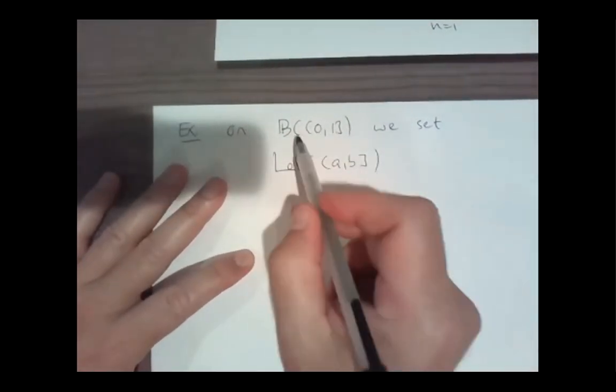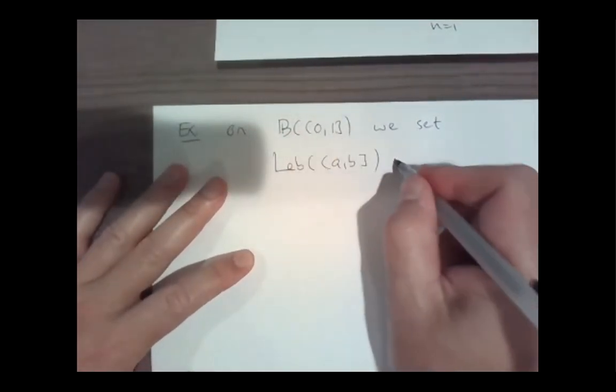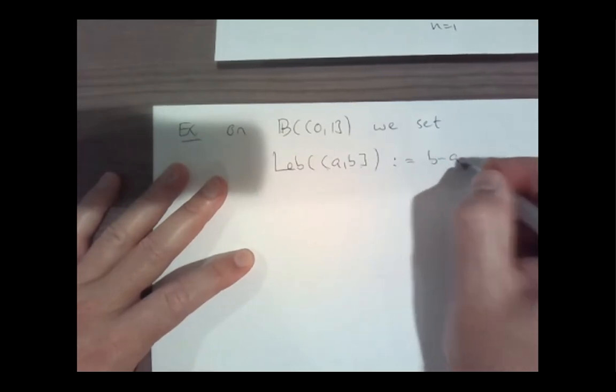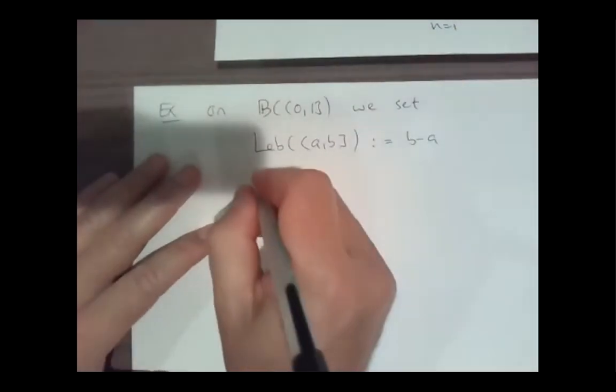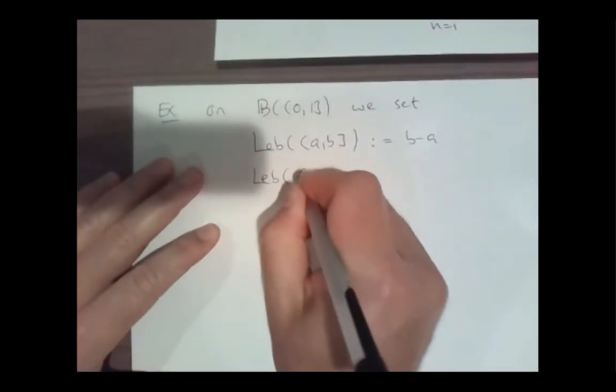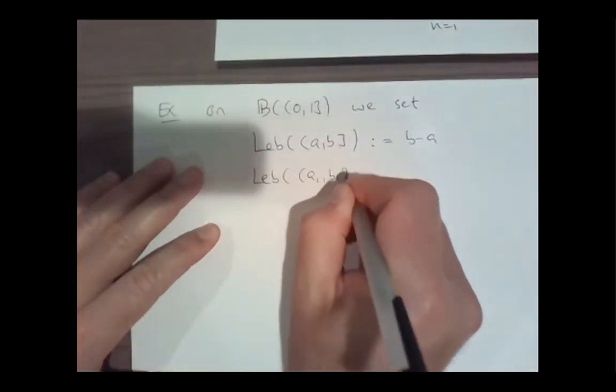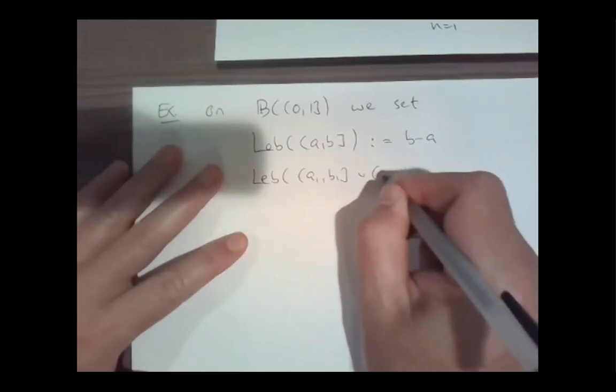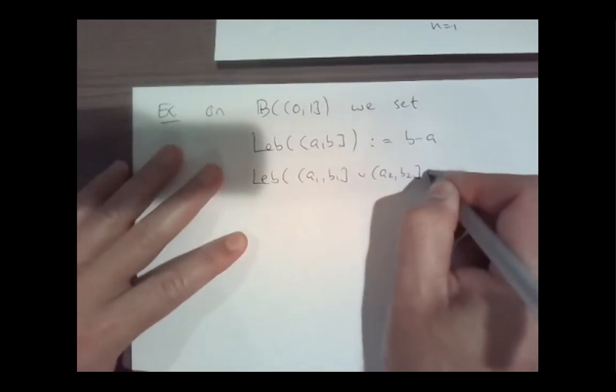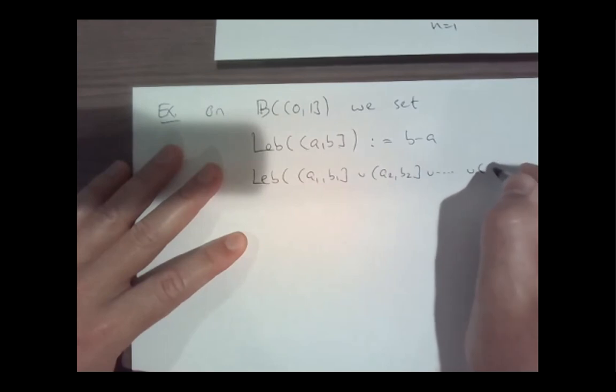This half-open interval is inside the Borel sigma algebra, and we're going to say that this is equal to b minus a. That's going to be the length of the interval. Likewise, if I look at it more generally, I'll have a1 to b1, union a2 to b2, union a bunch of sets, an to bn.